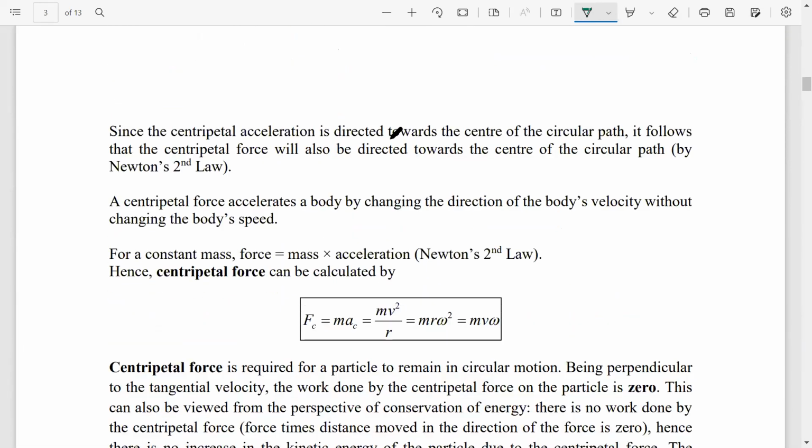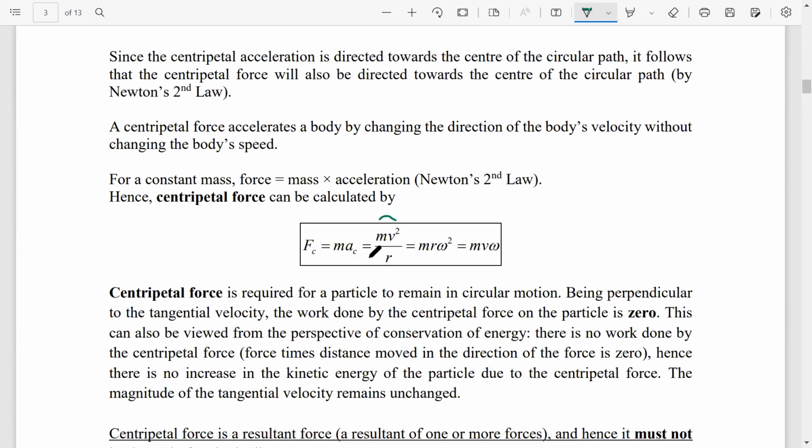And from there, because F equals ma, we have the formula for centripetal force. So the idea of centripetal force, because it gives you the centripetal acceleration, is that centripetal force itself is a resultant force, means it's an F net on the object.